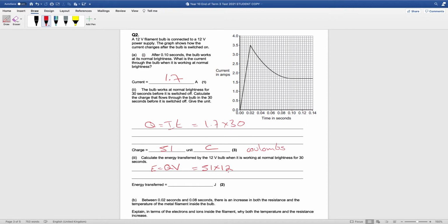So 51 times 12 will give you 612. Now you need to know your equations because you're lost without them here. If you just look at that, 1 mark you could have had out of that if you didn't know your equations, but you knew your units.